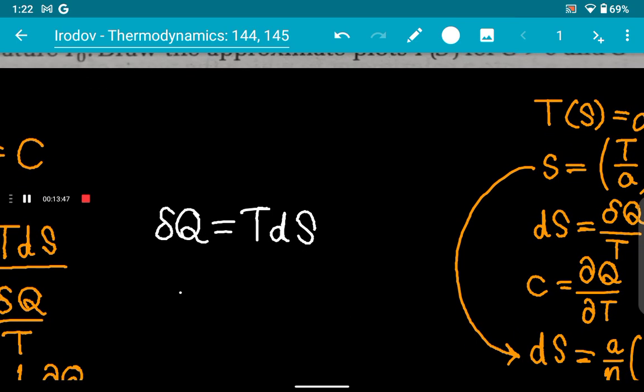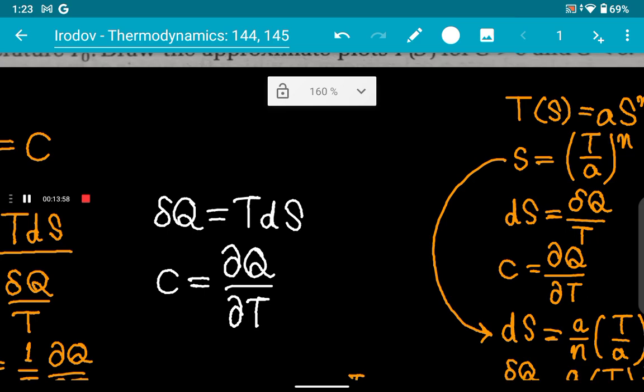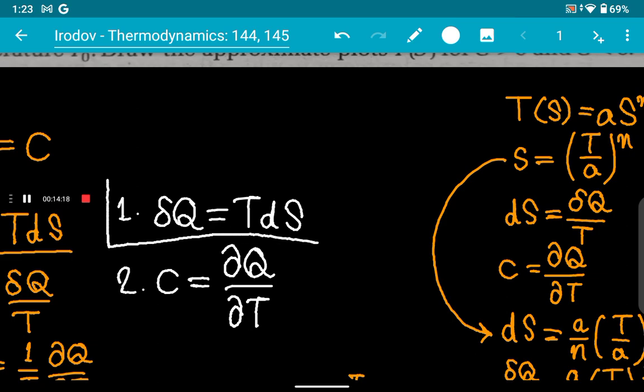Also remember that C, the specific heat of a process, is for any process, be it isothermal, adiabatic, or any polytropic process, anything. For any process you can write these two things. Have I missed something? I don't think so. So these two are the main things you have to note.